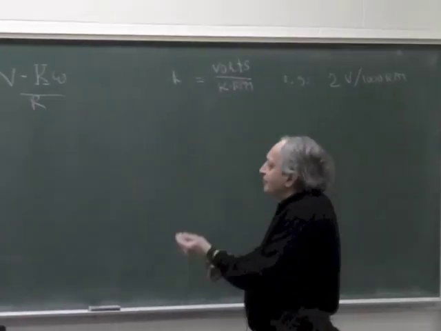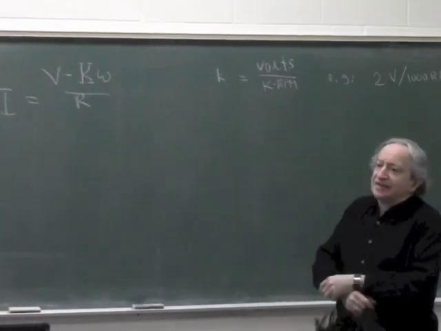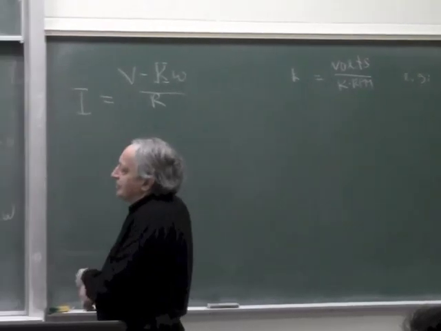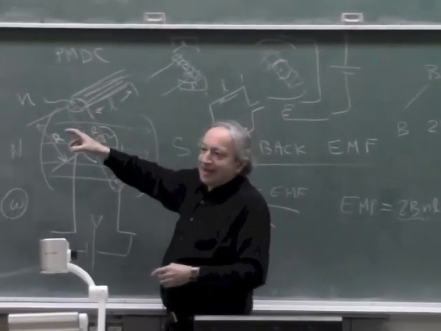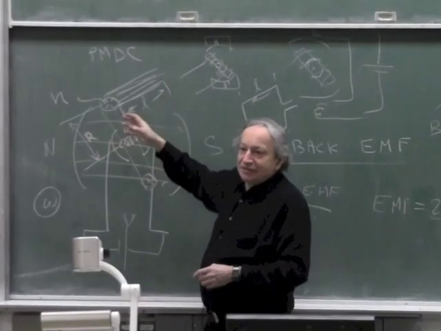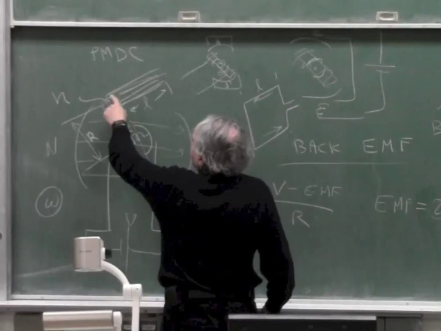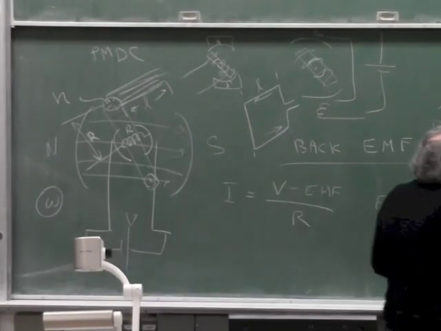Now, if you look at the torque of a motor, you realize right away that the torque this motor can generate for a current I is actually a very similar formula, because if there is a current I, the force will be BLI.